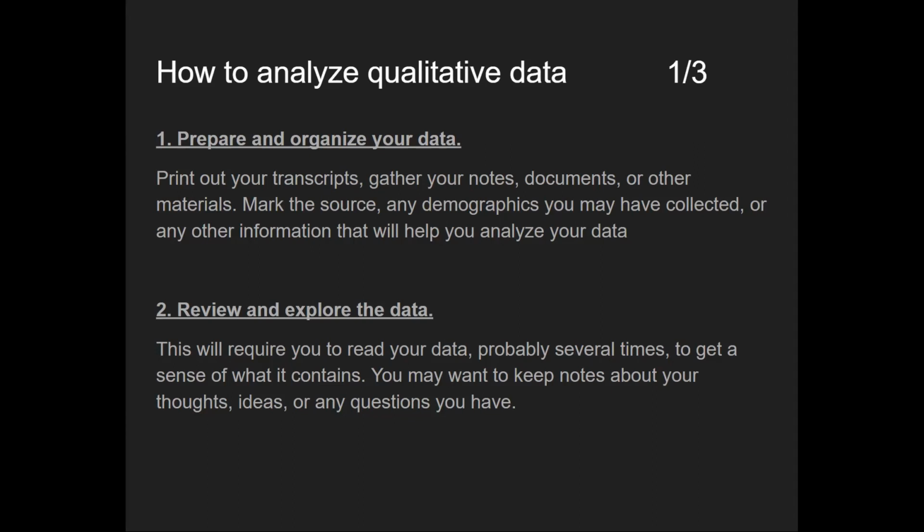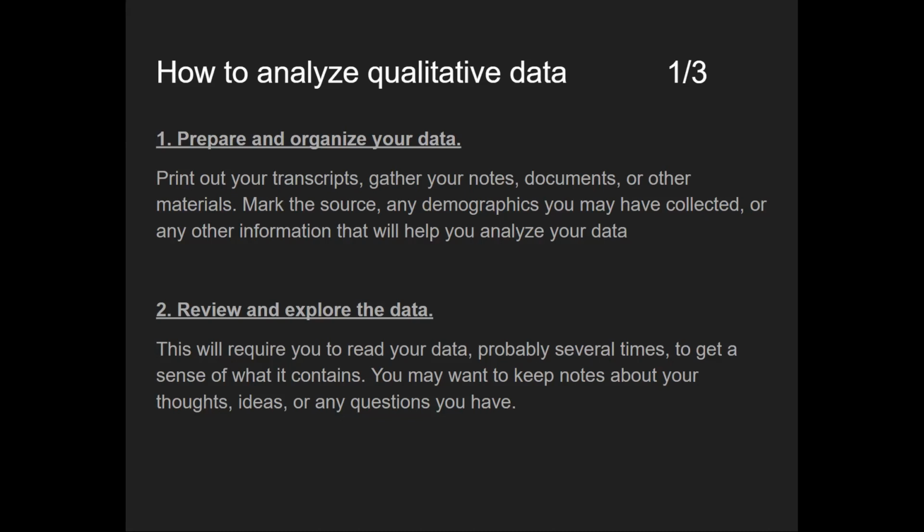Once you have it on paper, your interview is going to be easier to analyze. So in general, when you have your qualitative information, let's say open questions from a survey or the questions from your interview, you need to prepare and organize your data.